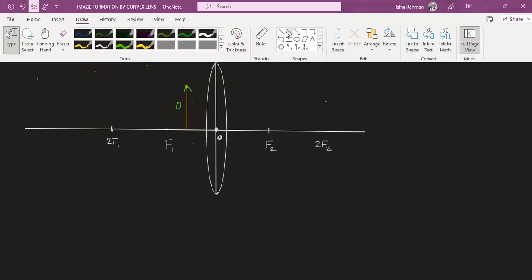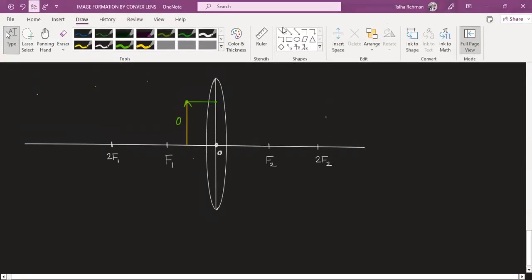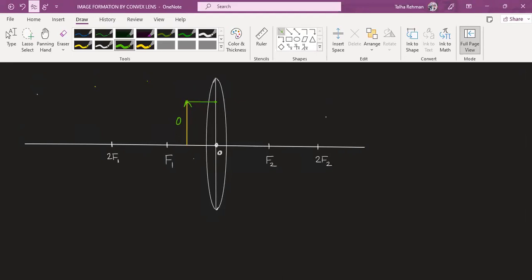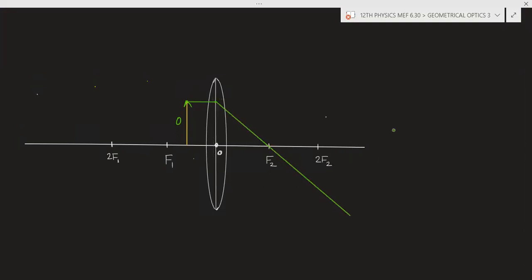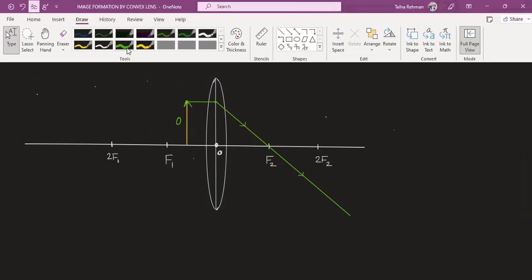Now from this object, first ray is like this, parallel to the principal axis. And if this ray of light is parallel to the principal axis, it will pass through F2.